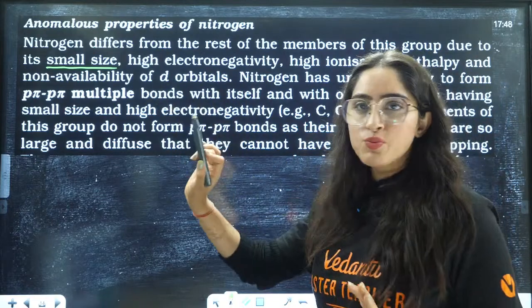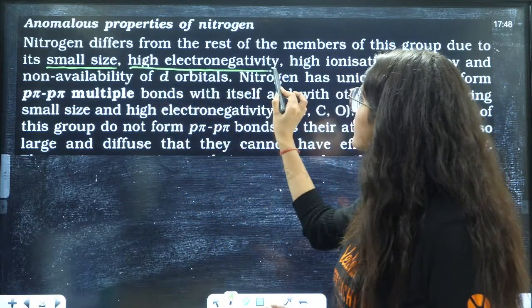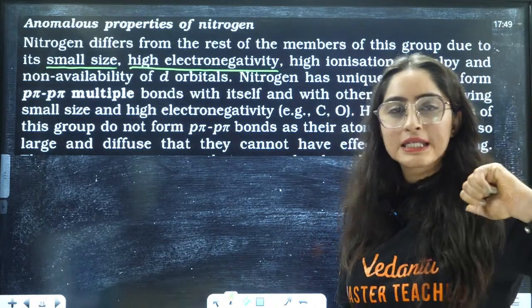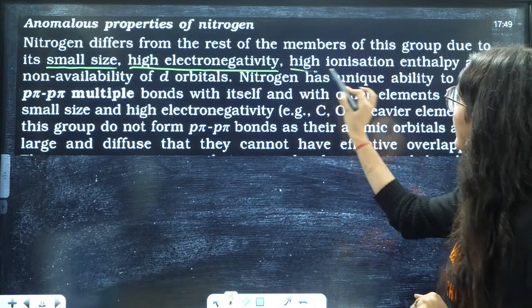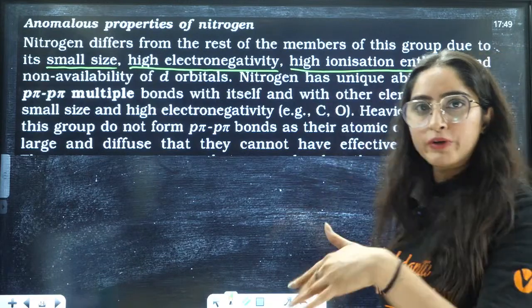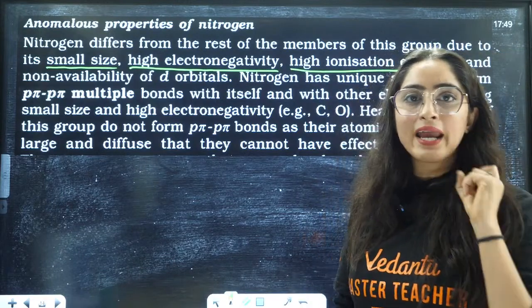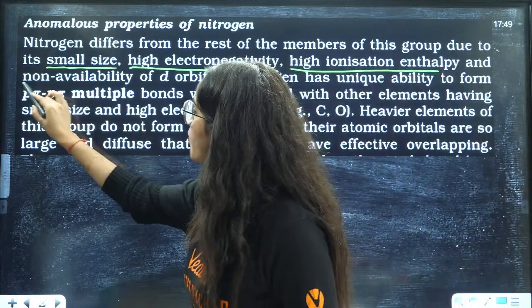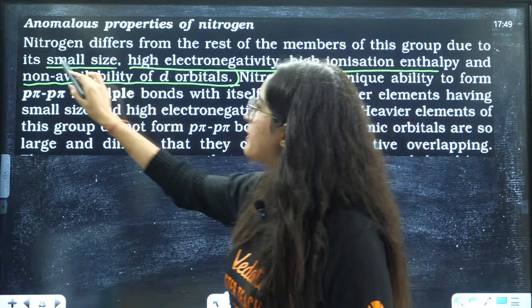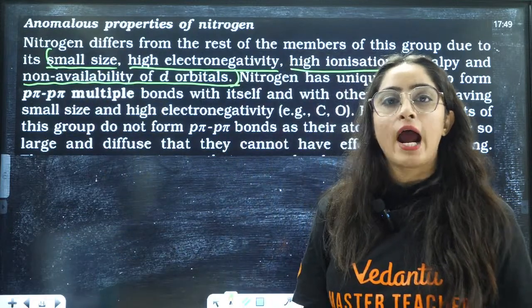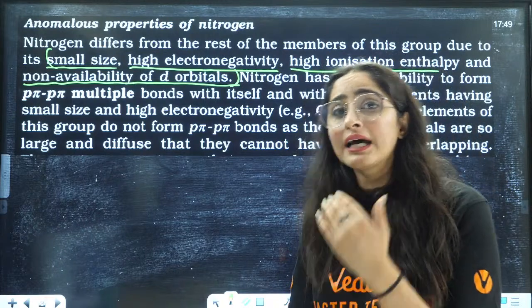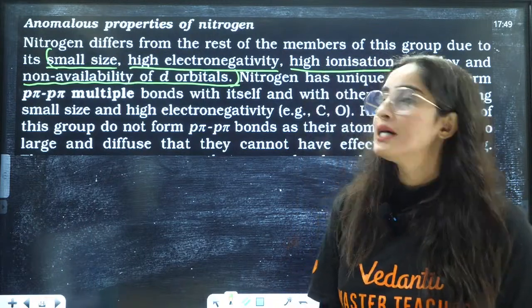Nitrogen has small size, higher electronegativity, and high ionization enthalpy, which decreases down the group. Small size, high electronegativity, high ionization enthalpy, and very importantly, non-availability of d orbitals are the reasons for nitrogen to show anomalous behavior compared to the other elements of the same group, right?